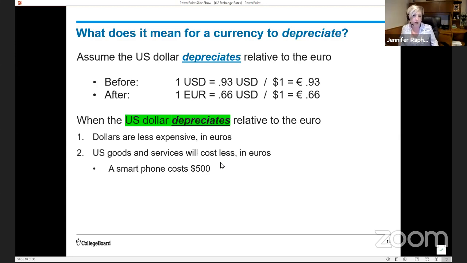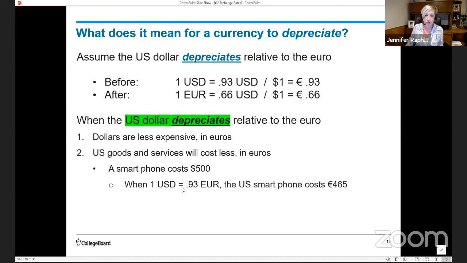An important export from the United States to the rest of the world is smartphones. Let's assume, I just picked a figure, a smartphone costs $500. When 1 US dollar costs 0.93 euro, that $500 smartphone costs 465 euros. That should make sense. 0.93 is a little bit less than a dollar, so the cost of a $500 phone in euros is going to be a little bit less than 500 euros. All right, now what happens when the dollar depreciates to 0.66 euro? Now that same phone costs only 330 euros.